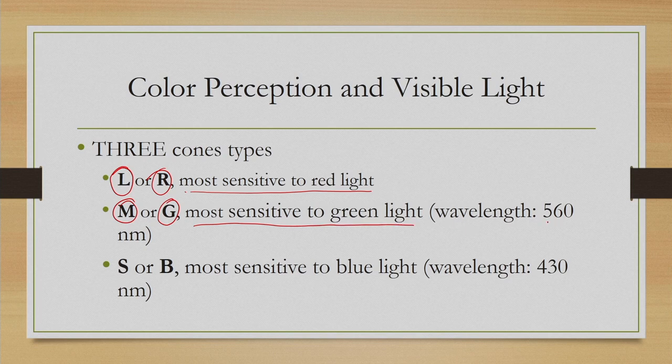Now, green light has a wavelength of 560 nanometer, and then we have S or B. Again, this type of cone is most sensitive to blue light with 430 nanometer wavelength. So, there are three cone types, each type is sensitive to a particular light wave with a specified frequency. We call these light waves red, green and blue.